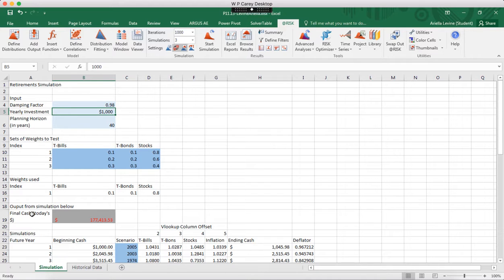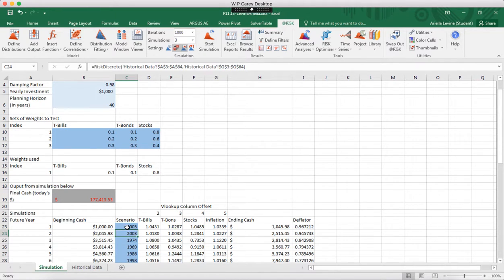For example, say we're running a simulation and we've used our RiskDiscrete to pull a year, based on a probability, to utilize as my basis. So for year 1, we're going to say behave like year 2005. Based on that, and using, say, index 1, scenario 1, the results for that year we're going to multiply by 0.1 here.